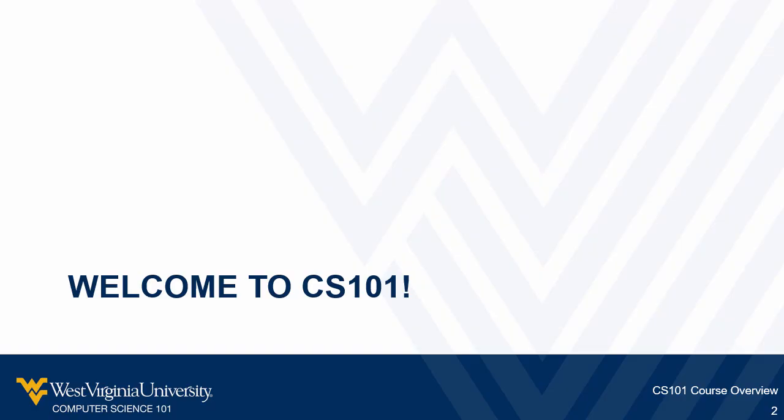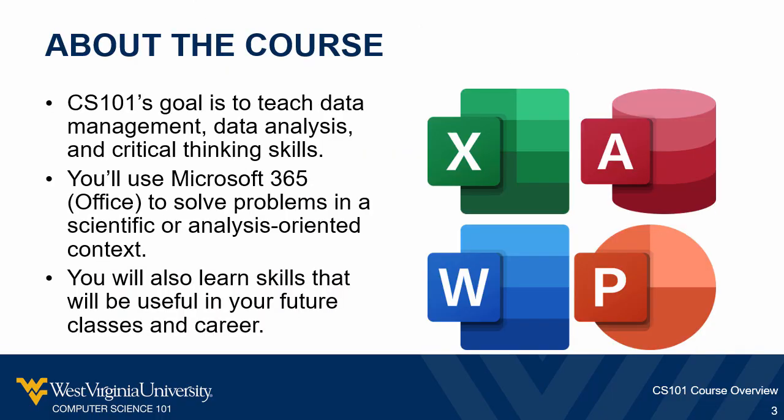Let's start off by talking a bit about what CS 101 is about. Our goal in CS 101 is to teach you how to work with data, how to manage it and organize it, and how to be able to dive into that data to understand what it really means. We're going to work with you to develop critical thinking skills that will help you parse information to make conclusions about what that data means now and what it might mean for the future.